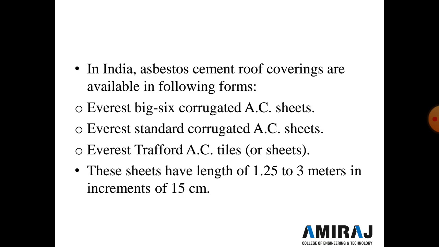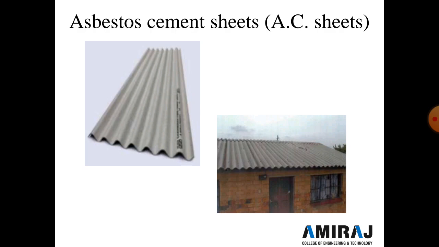In India, asbestos cement roof coverings are available in the following forms: Everest Big 6 corrugated AC sheet, Everest Standard corrugated AC sheets, and Everest Trafford AC tiles. These sheets have a length of 1.25 to 3 meters, in increments of 15 centimeters.